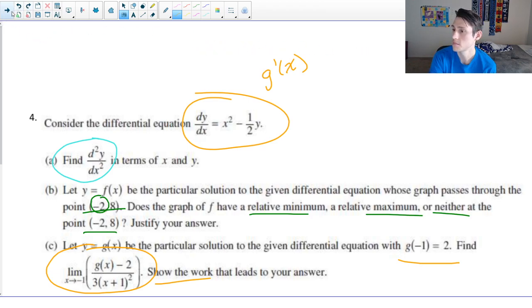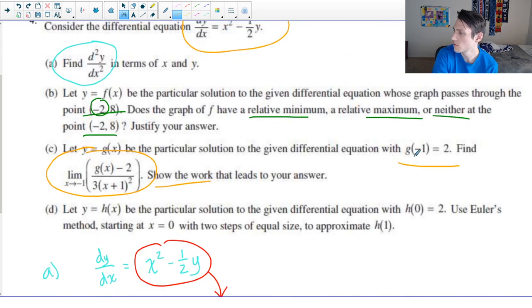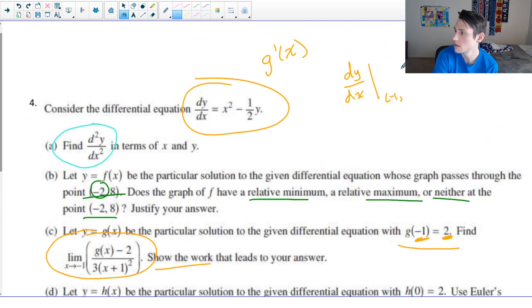Okay, so if I evaluate this dy dx at x equals negative 1, but look, I need a y value as well, but that's fine because the initial problem tells me for g, if the x value is negative 1, the y value is 2. So I'm evaluating this at negative 1, positive 2.